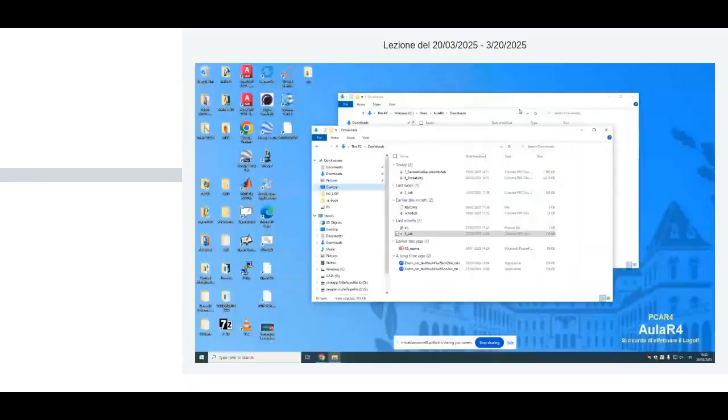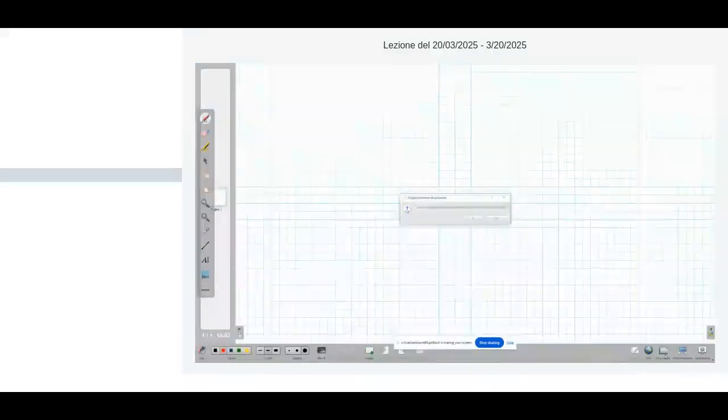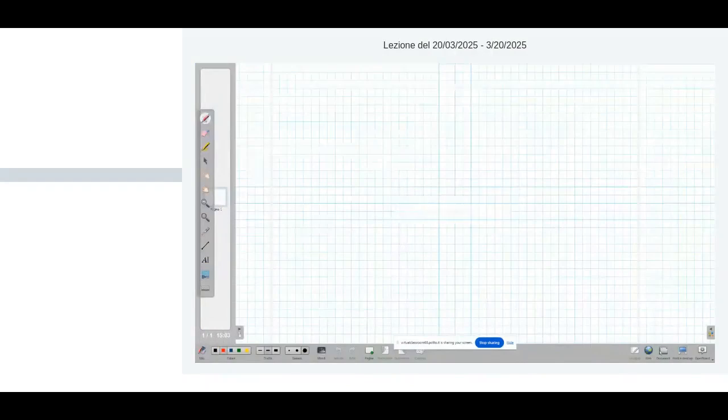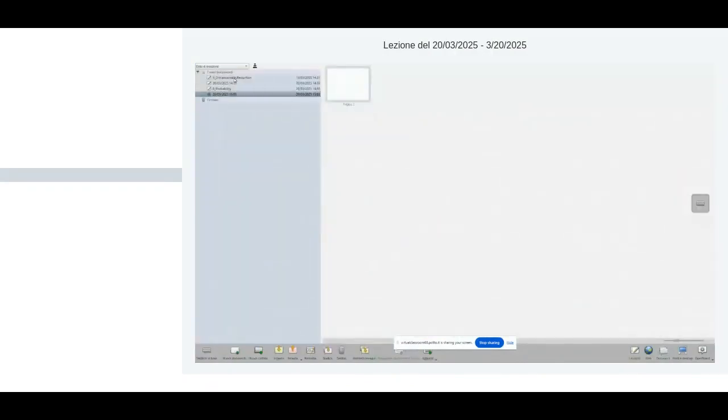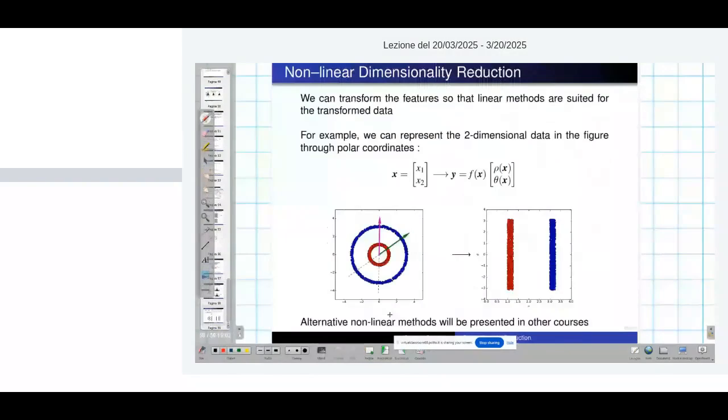The way that we will deal with this is through transformation of the data that allows us to apply linear methods to transformed samples. How? Again, let's take this example.